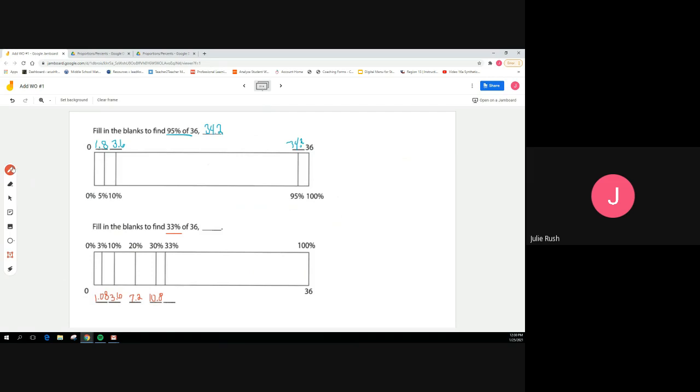So now I'm going to grab a different pen color. Now I need to add the 3%, which is right here, and the 30% to get to 33. So I need to add 1.08 and 10.8. And when we add those up, you get 11.88.